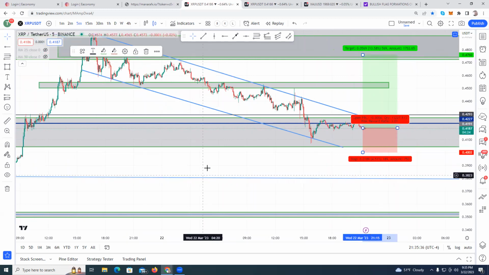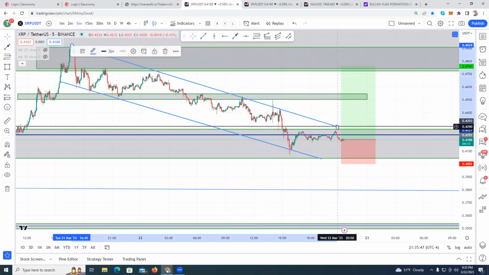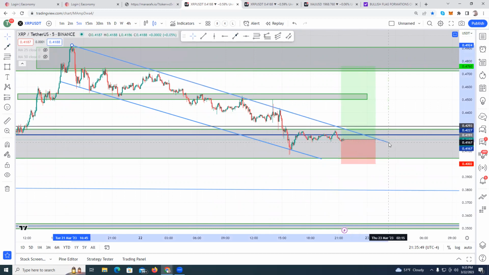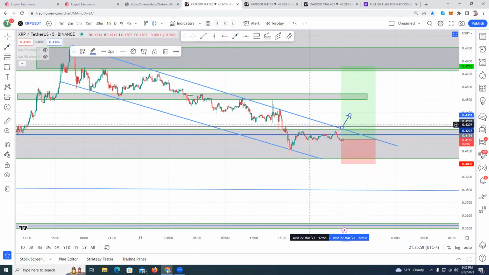To be on the safer side of this trade, if you don't want to take an early entry, the ideal best entry would be something like this, where we have, let me just draw this channel line out a little bit longer, where we have price action break through this channel.